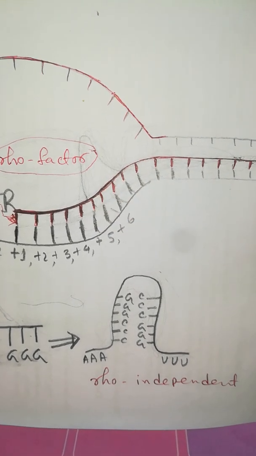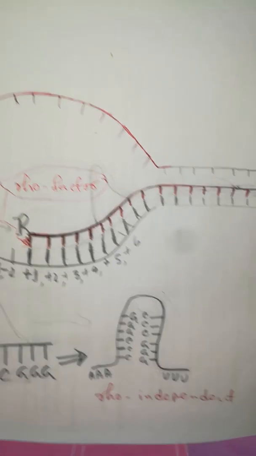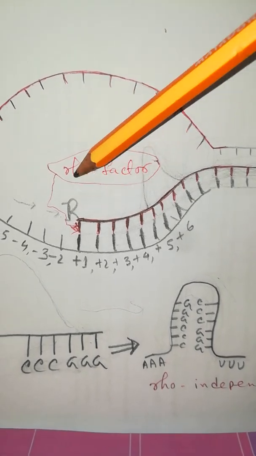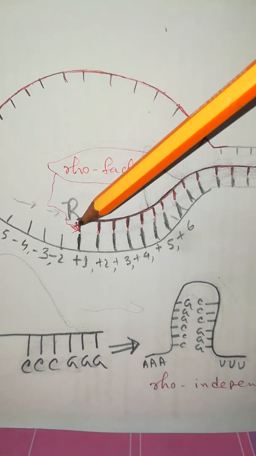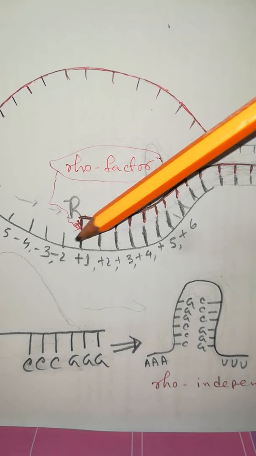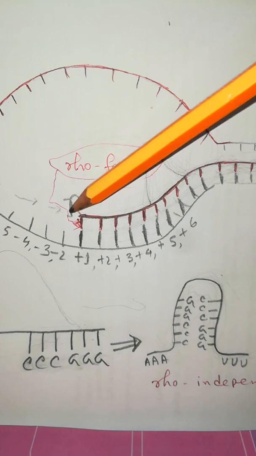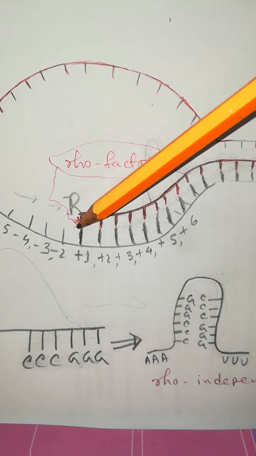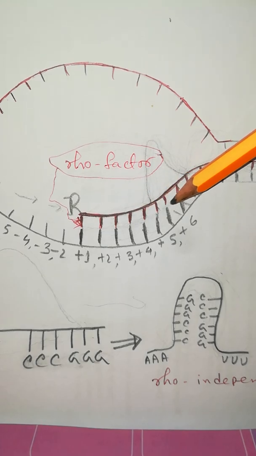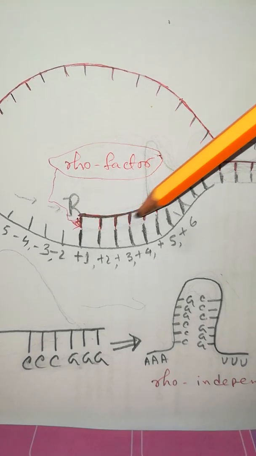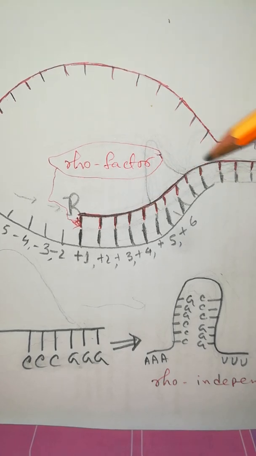So I discussed how rho dependent and rho independent termination occur. In rho dependent termination, we know the rho factor has cutting activity. So RNA polymerase goes forward by the polymerization process and the rho factor follows this RNA polymerase. The rho factor continuously cuts this strand, the nucleotide base hydrogen bond, and the strand is separated continuously.